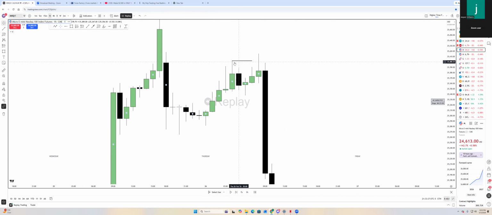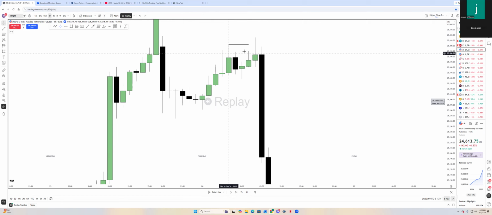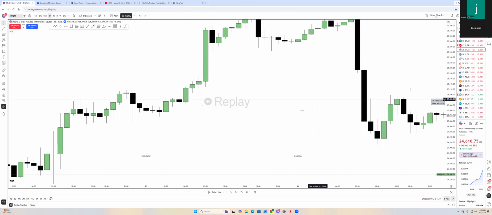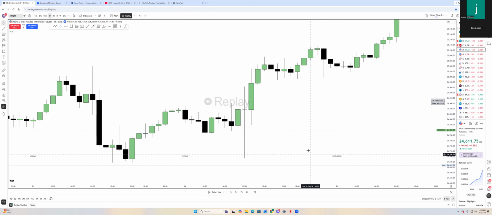So basically, we took out this previous high, but we failed to keep going higher. So now we can start looking for a downside after we take out swing lows. So you always need a swing low to be taken out.